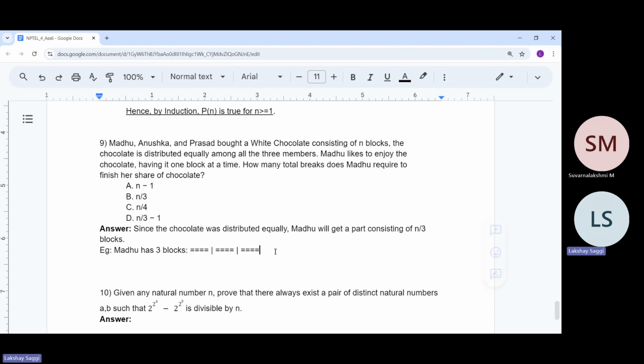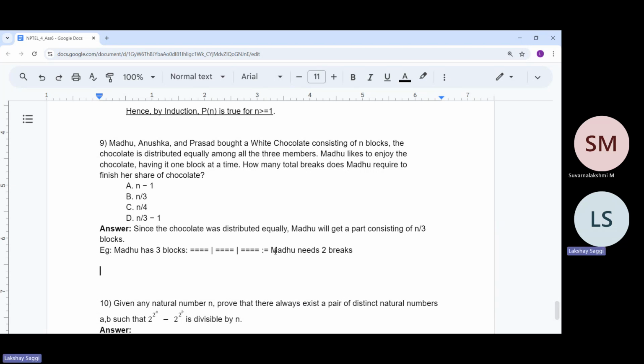So to eat this chocolate one block at a time, Madhu needs 2 breaks. Similarly, for n by 3 blocks, she'll require n by 3 minus 1 breaks.